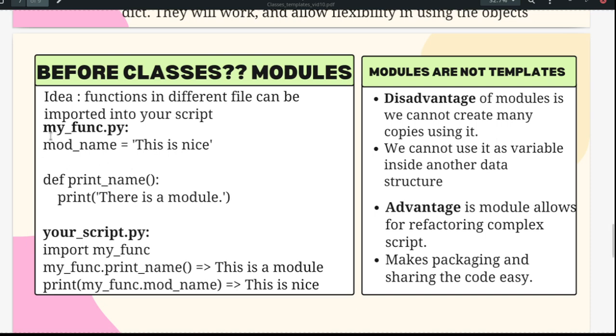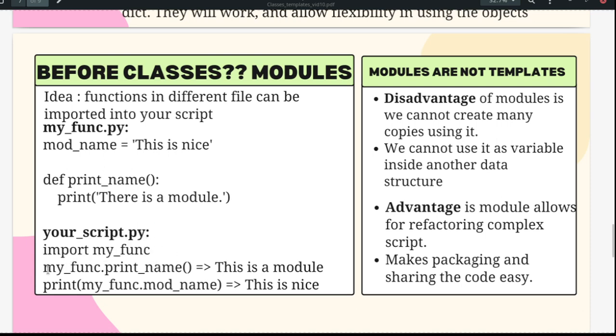For example, my_func.py is a separate script, and it has a function called print_name, and also has the variable mod_name. These two, the variable and the function, can be imported into another script, that is your_script.py, by using import my_func.